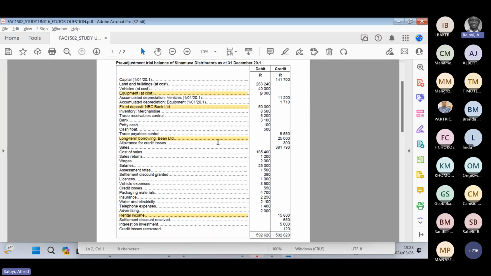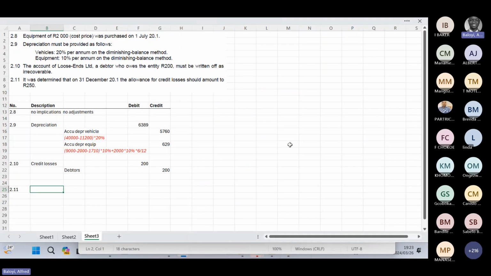Because it's a credit balance, it will be reduced on the credit side, allowance for credit losses 50, and then it will go to credit losses. It will be on the credit side as well. So this will be 300 minus 250.